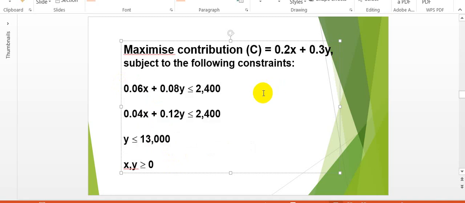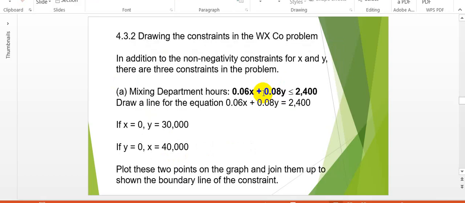Once we are done, we now need to plot these on the graph. So drawing the constraints for our problem, we need to plot these on the graph.